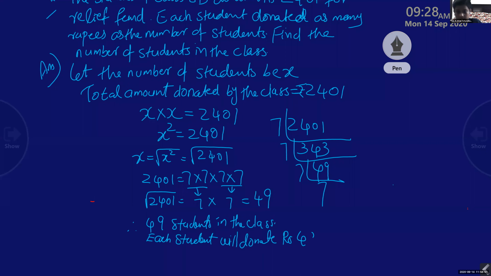Rupees 49. Each student will donate rupees 49.